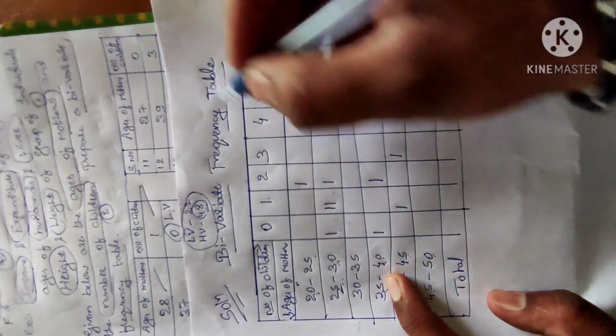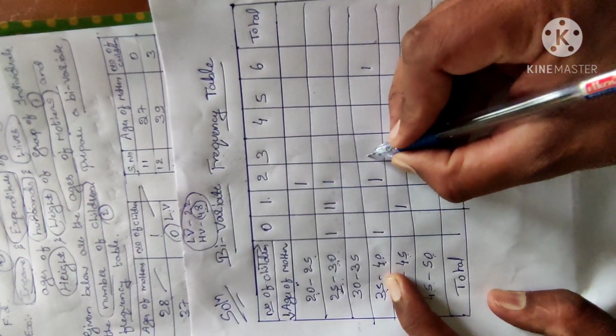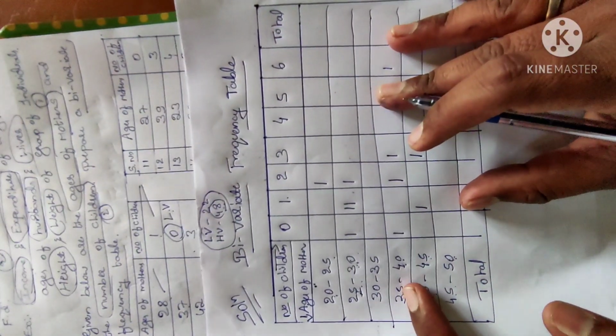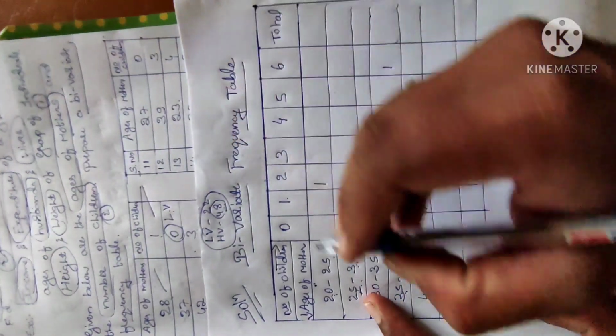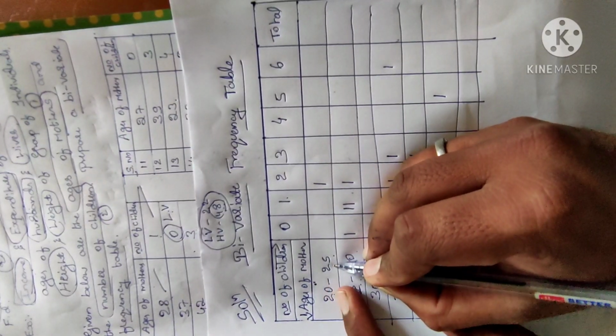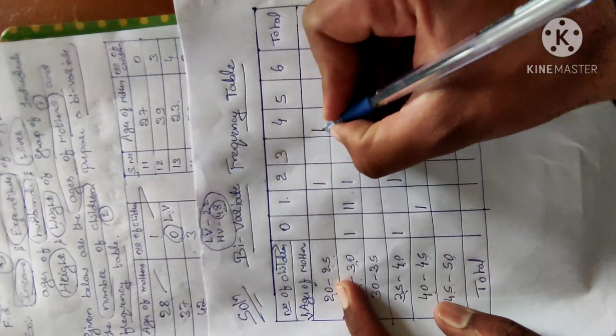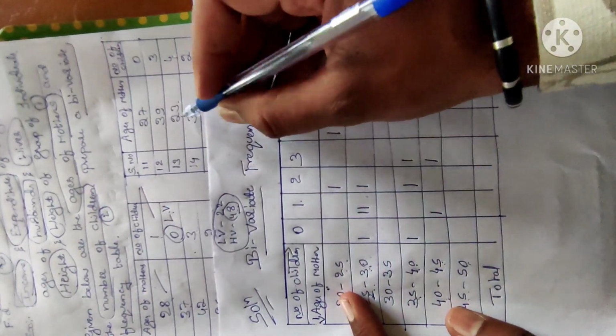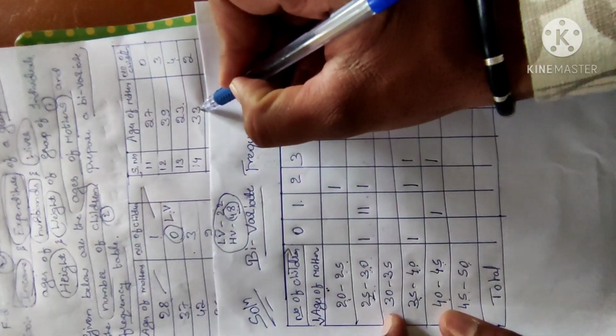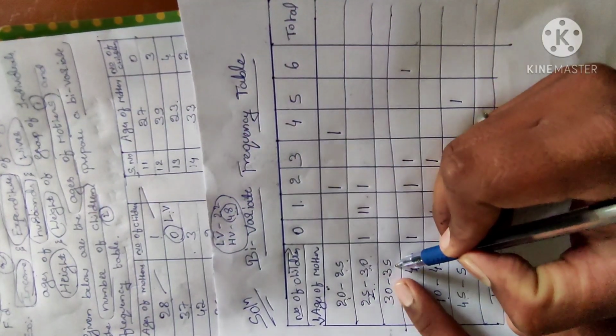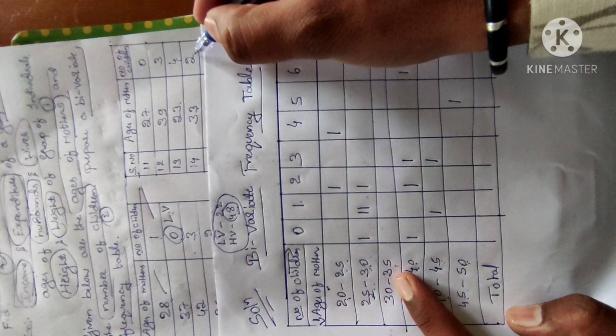The number of children is 3. We should write here 3. Next 23. 23 comes under the 20 to 25 class interval. The number of children is 4. Next age of the mother 33. 33 comes under 30 to 35. The number of children is 2.